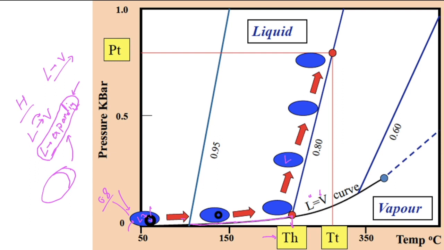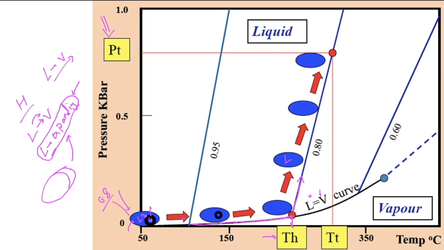Now if you keep on further heating it, it will just follow this isochore. It will leave this L equal to V curve, or the boiling curve, and it will go along this isochore. And it will keep on heating, right? And now, in the assumption that we have made, we know the origin of this inclusion, right?